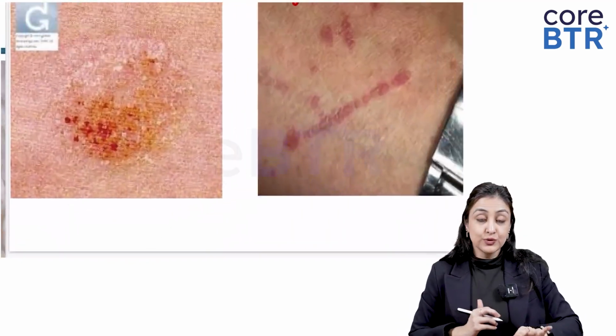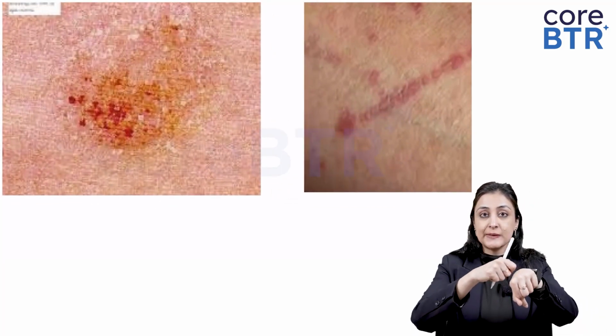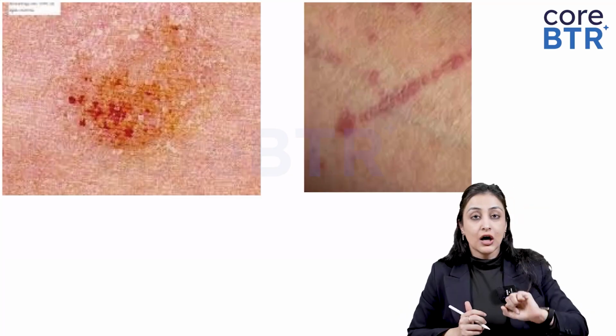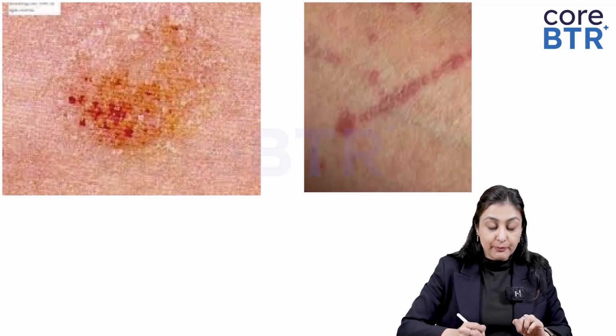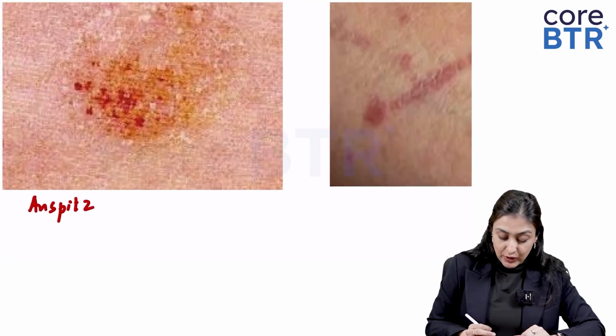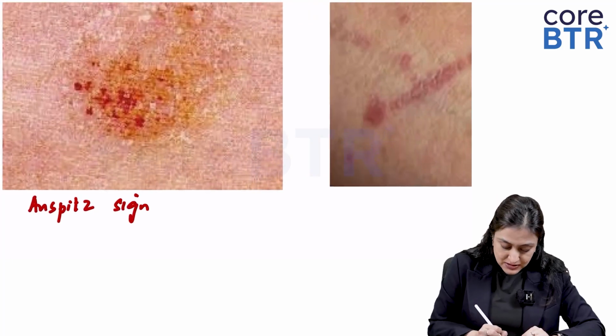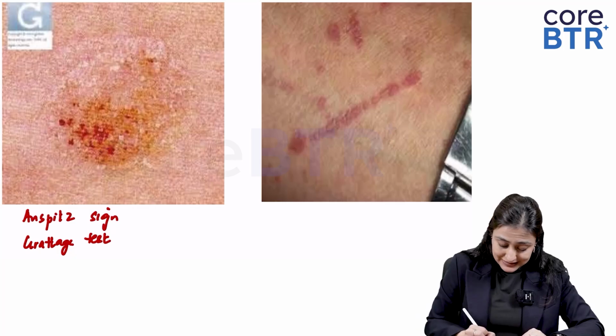Then let's look at a few tests. What is this test? We take a slide and scrape off the scales. You saw the blood vessels which were there in the dermis, right? They start to become prominent. So this is the Auspitz sign, where you see these pinpoint petechiae, and this test is called the grattage test. As you keep scraping off, you see a membrane called Berkeley membrane.